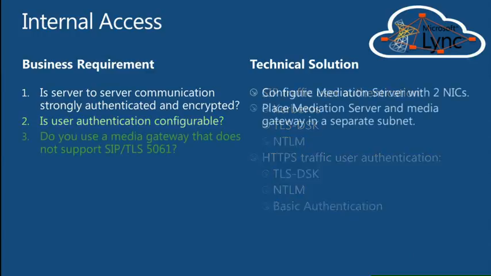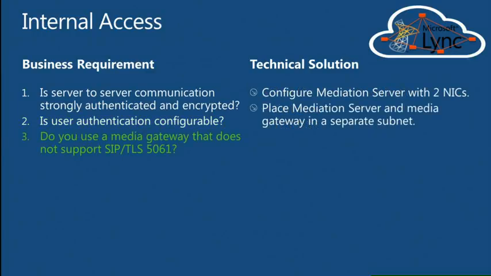OK. All right. So what about the question of if you have a media gateway that does not support SIP over TLS, meaning that the SIP traffic is not encrypted? This would be port 5061 if it's encrypted. If it's unencrypted, then it would be port 5060.